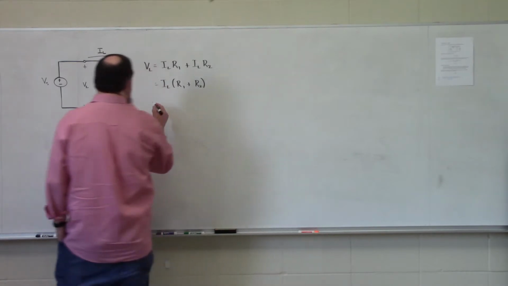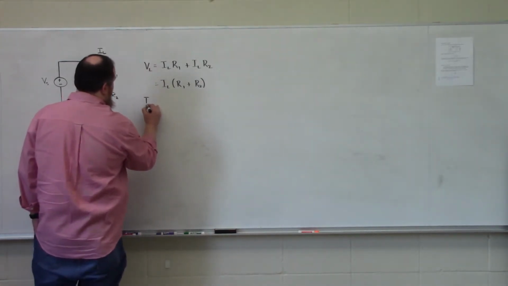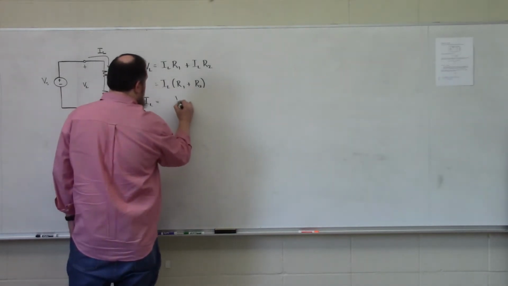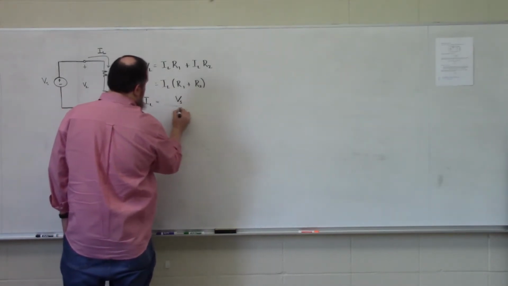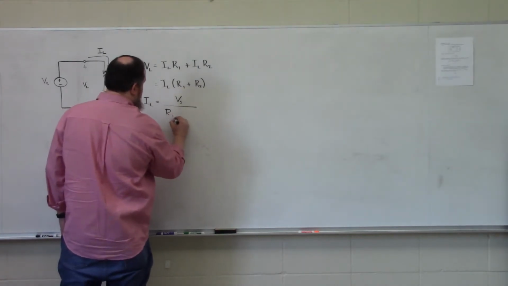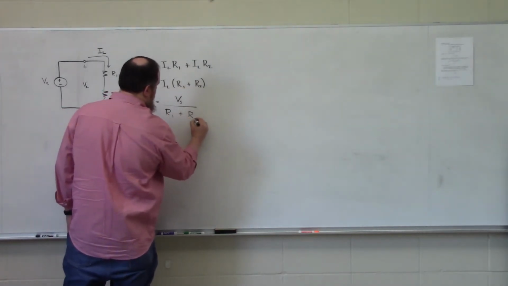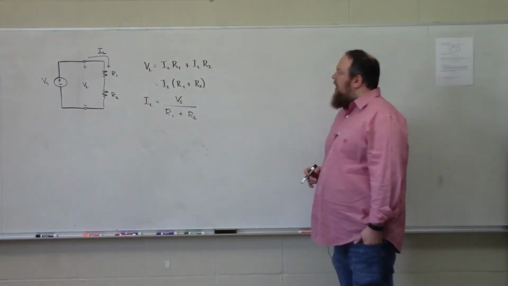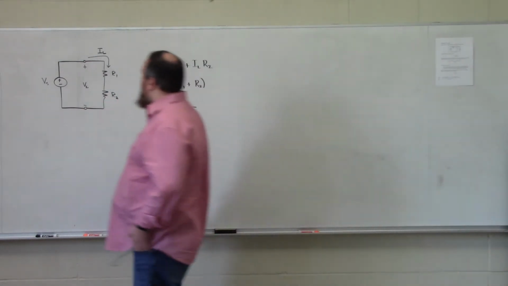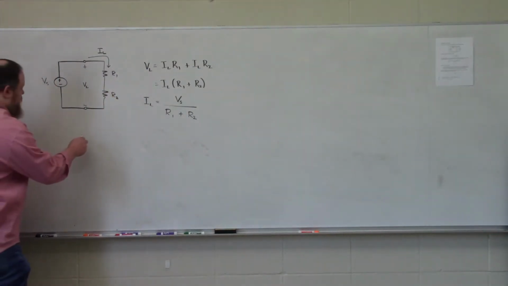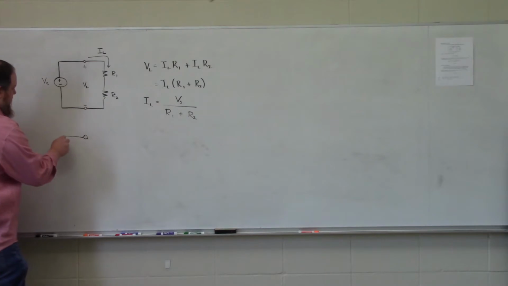We could use Ohm's law to find that IL is simply Vs divided by the total series resistance, which in this case is R1 plus R2.